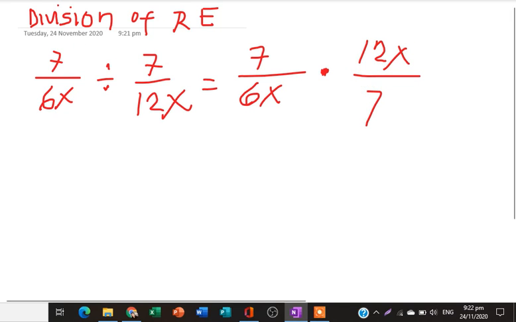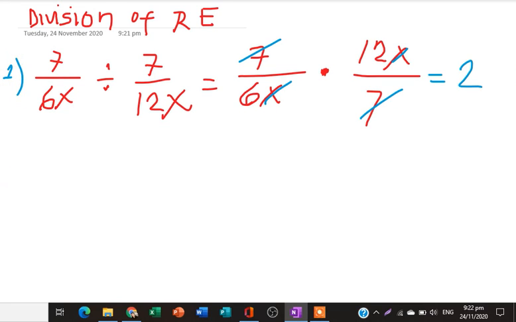So since you are now multiplying, you can now cancel 7 and 7, and then x and x. So therefore, the answer now is 12 divided by 6 is equal to 2. So the answer is 2. Okay? So this is example 1 of division.